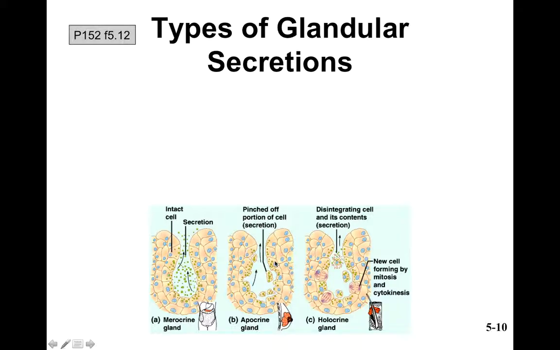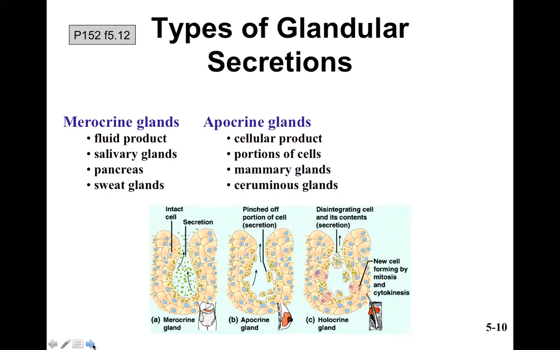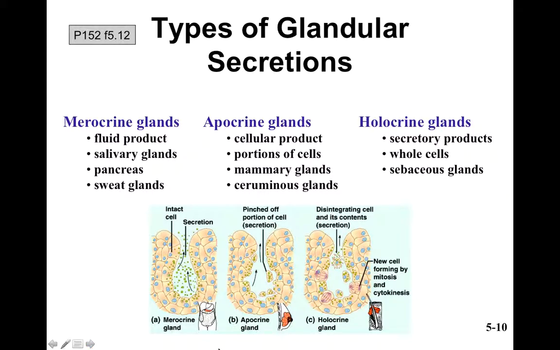And this would be like the mammary glands. Okay. And then for holocrine glands, like these sebaceous glands, the cell actually gets destroyed when it releases its material. So the cell has to break apart for the material to leave. Okay. And there's that information.